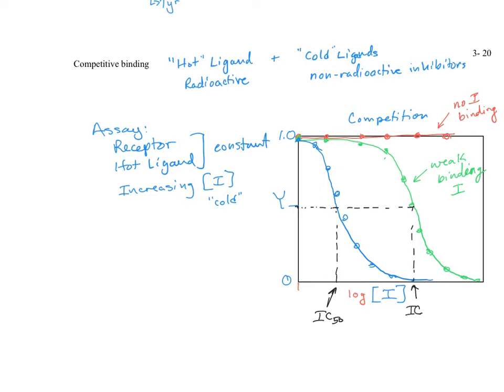This is the IC50 for the green weak binder. The red one that doesn't bind at all doesn't have an IC50. Well, what's IC50? IC50 is the inhibitor concentration that gives 50% inhibition of hot ligand binding.